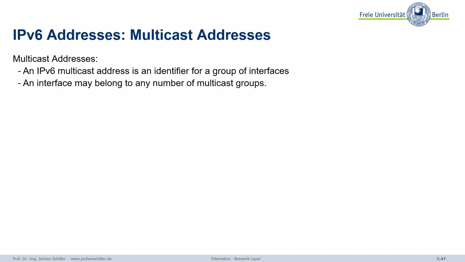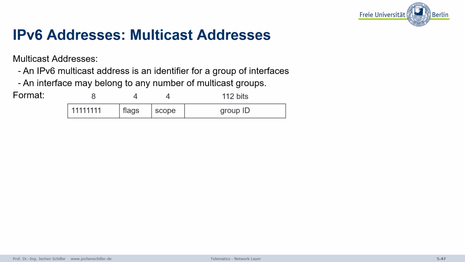Multicast, I will have a special section about multicast. That is an address where you can reach a group of interfaces with a certain packet. That means the network also duplicates the packet so that all the group members will receive the data. You may belong to several of them, so there's a special format for this.